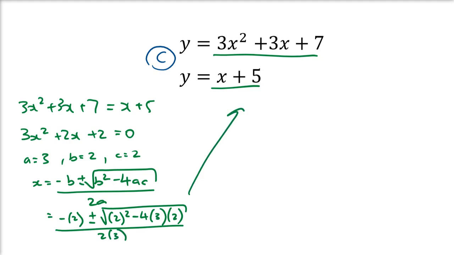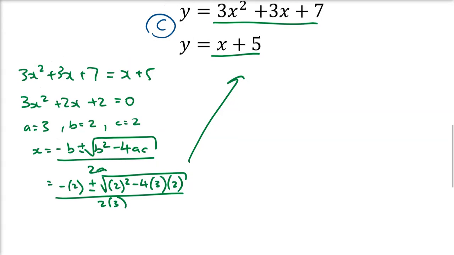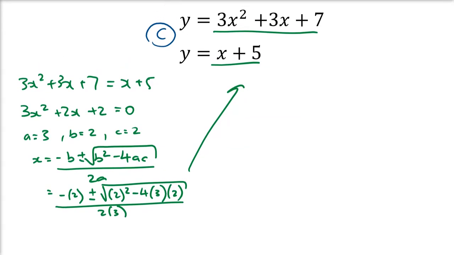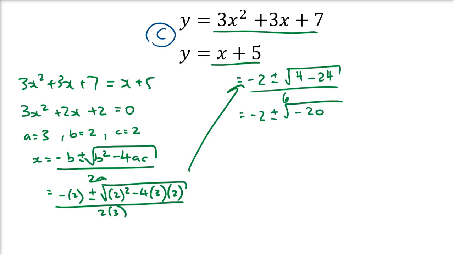Running out of space, I'll do it up here to keep the question in the frame. So that's going to equal negative 2 plus and minus the square root of 4 minus 4 times 3 is 12 times 2 is 24, all over 6.